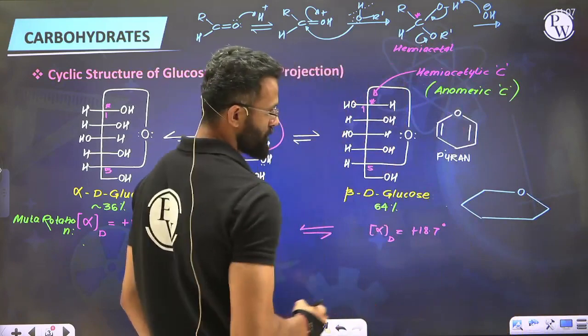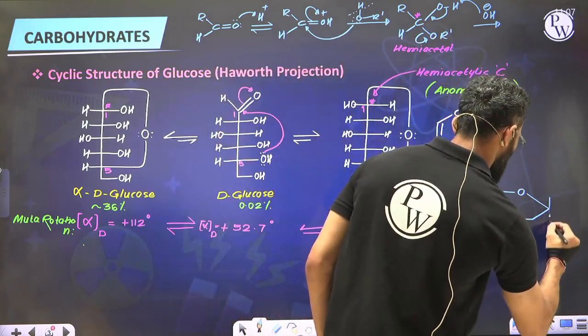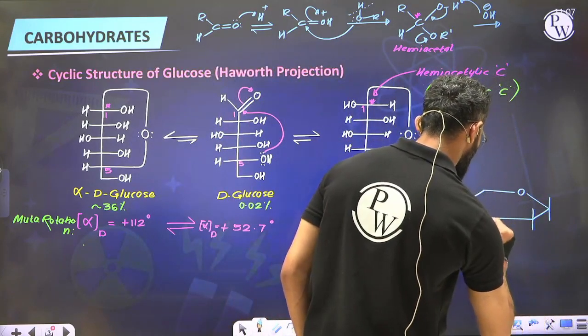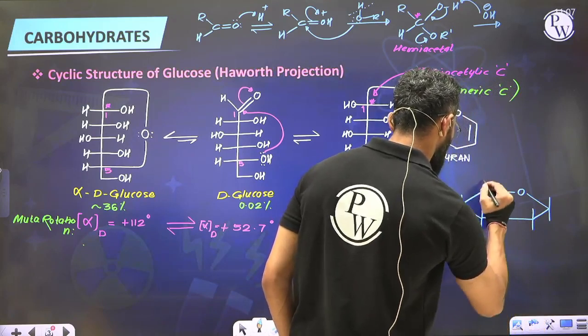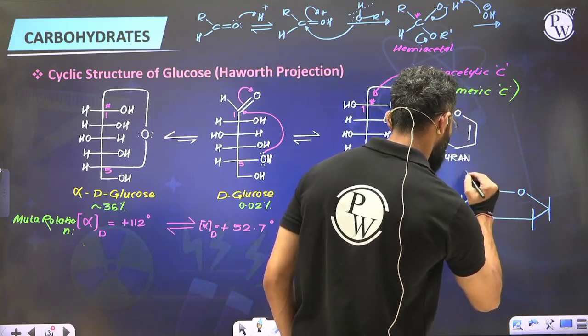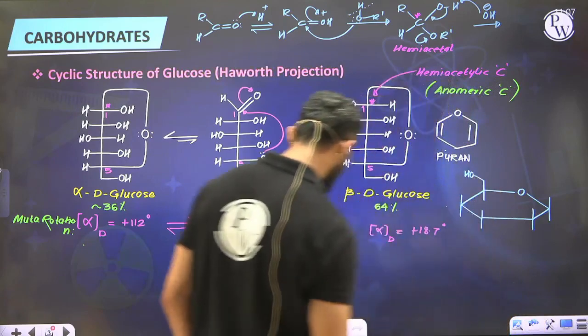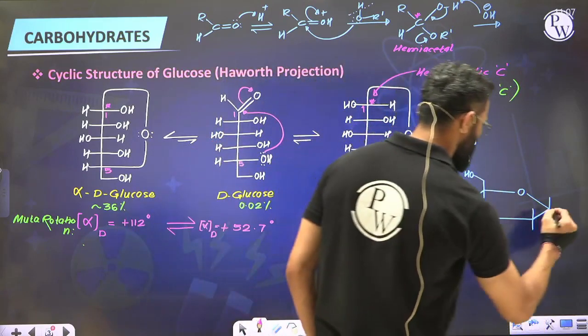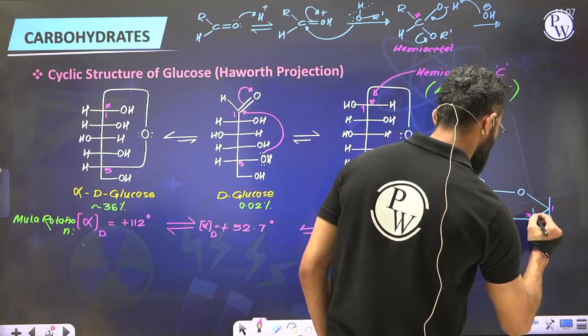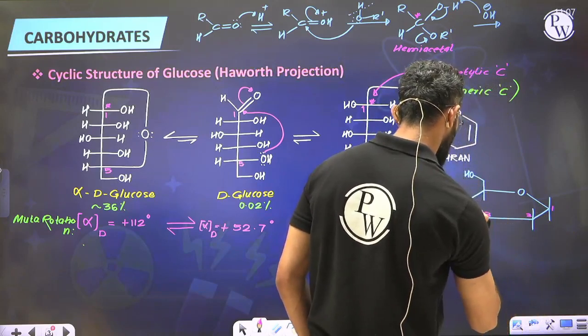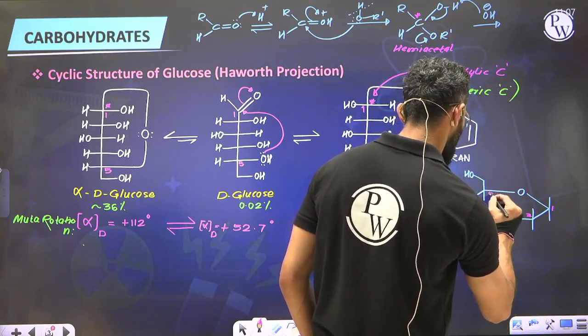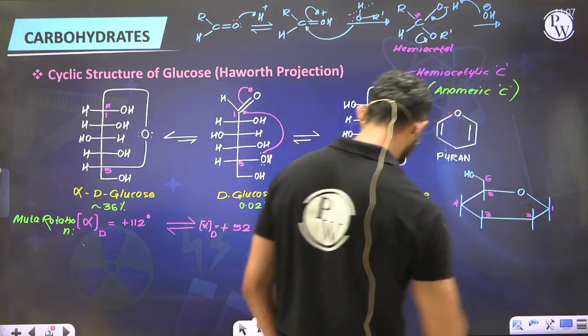Okay, let's say this is carbon number 1, carbon number 2, carbon number 3, carbon number 4, carbon number 5, and this is carbon number 6. I'll just mention the number here: 1, 2, 3, 4, 5 and 6. Okay, everybody here?